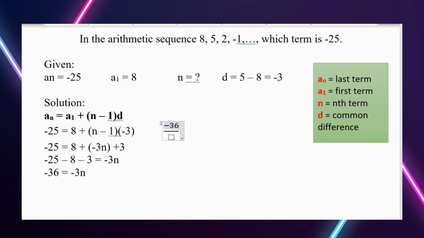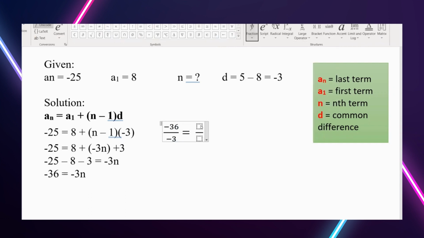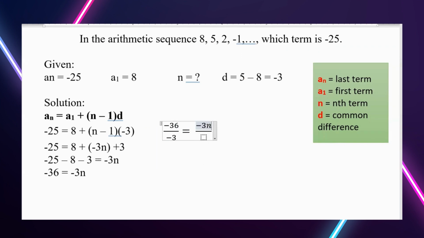So negative 36 divided by negative 3 is equal to negative 3n divided by negative 3. Negative 36 divided by negative 3 is positive 12, and negative 3n divided by negative 3 is n. Therefore, the computed value of n is positive 12.